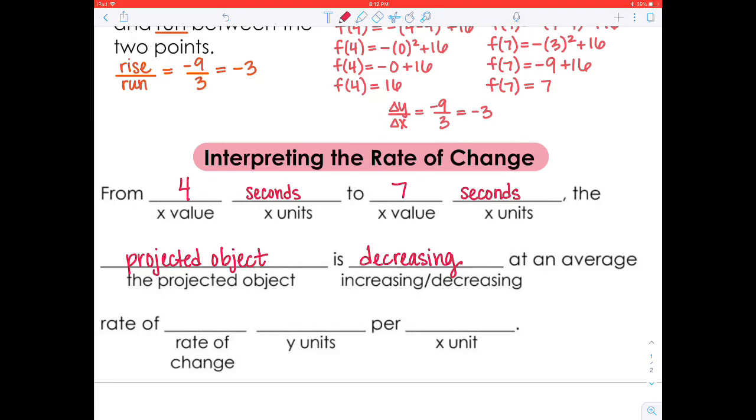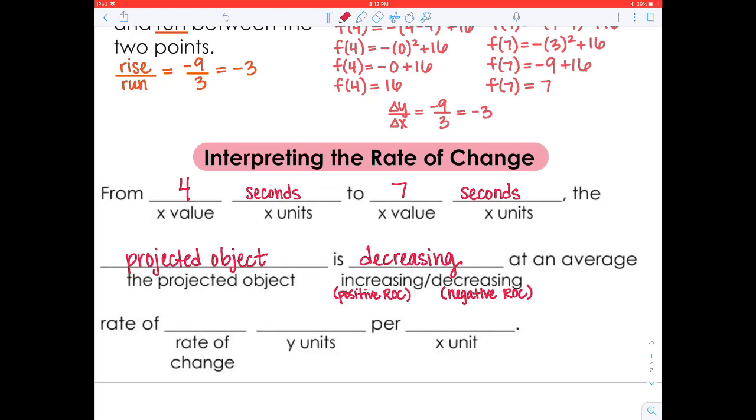So we can make a note. This is if you've got a positive rate of change. I'm abbreviating rate of change, ROC. This is if you've got a negative rate of change.